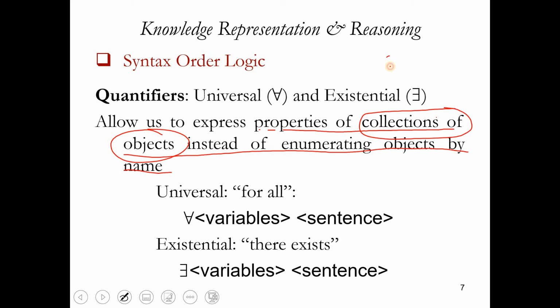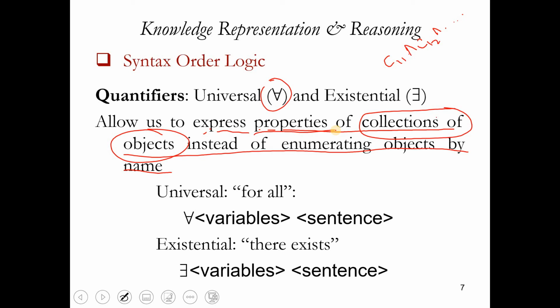So instead of writing that all the cells have no wumpus, no pit, collecting it like that, which is bad, I can write all the cells with the universal operator to say something about all the cells. So it allows me to express some property of all the things or a collection of things.